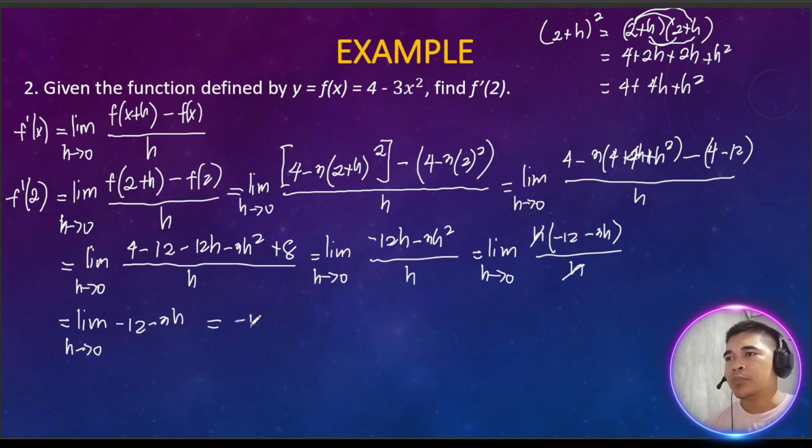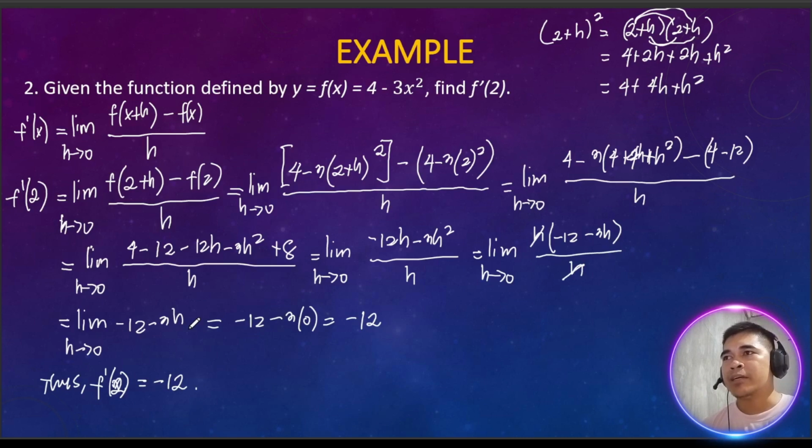So, we have negative 12 minus 3 times 0. So, the answer is negative 12. So, thus, f prime of 2 is equal to negative 12. So, that's it for our second example.